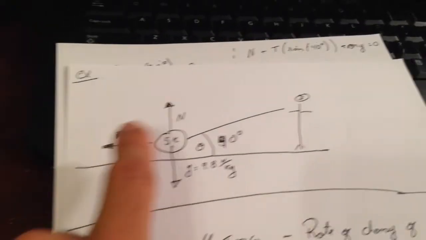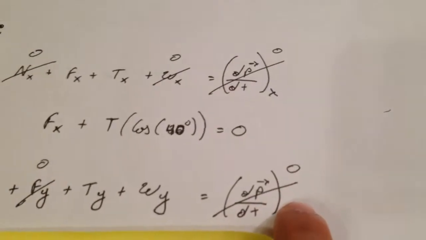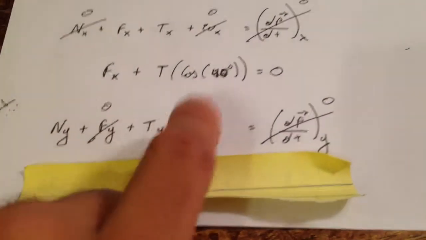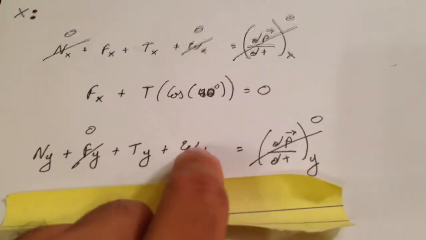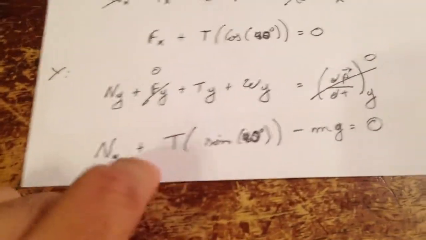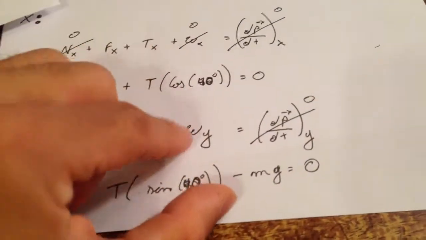I know the friction is pulling in an x direction, not a y direction, so this will be 0. And the rate of change is constant, so this will be 0. So I know that N plus tension sine of 40 degrees minus mg, another way of writing the weight, equals 0.